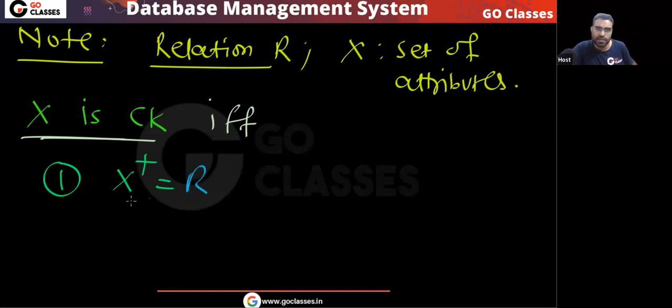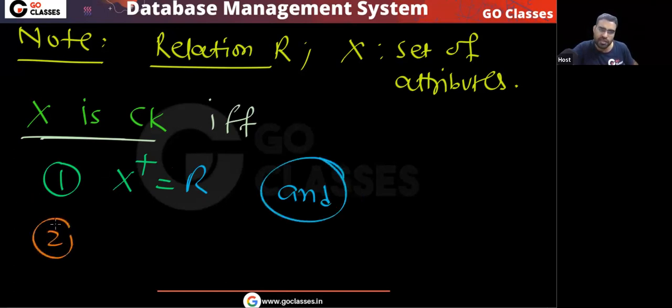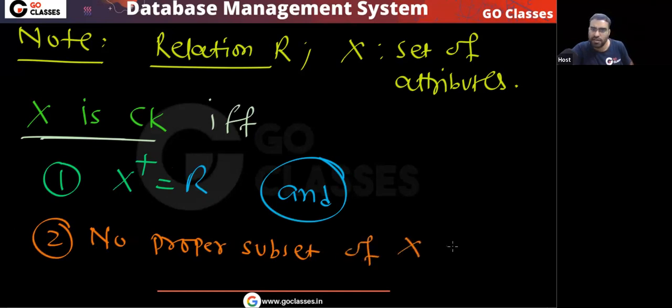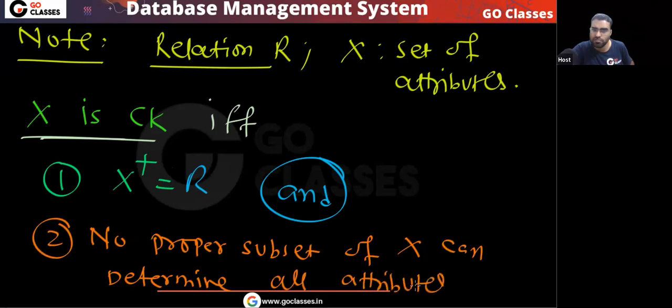And the second thing, that is also important: no proper subset of X can determine all attributes. Yes or no? Please tell me, did you understand this?